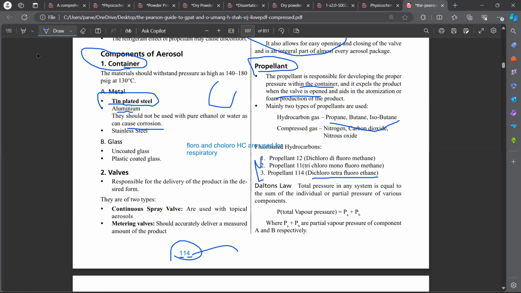So guys, let me ask you, what would be the name of propellant 152?